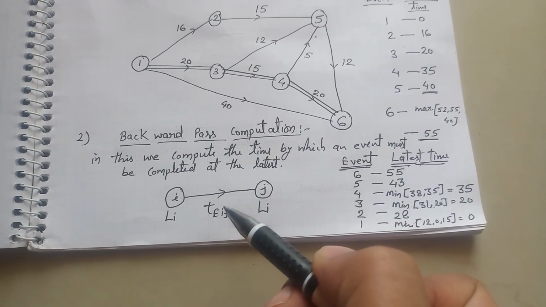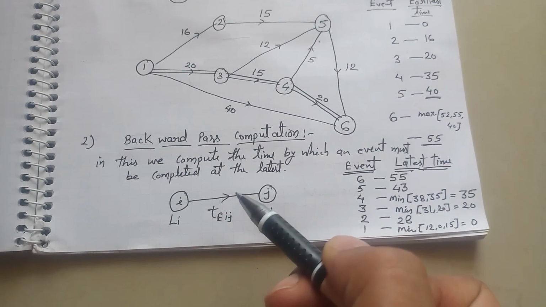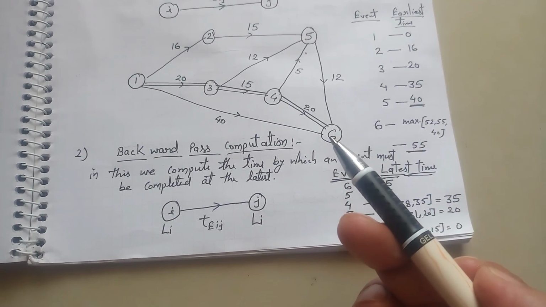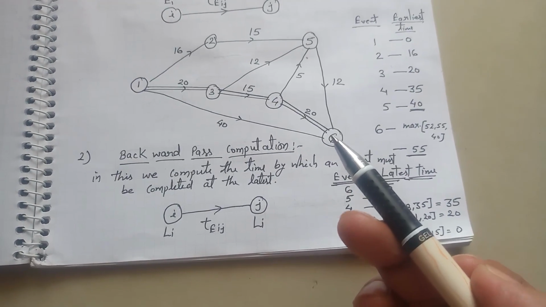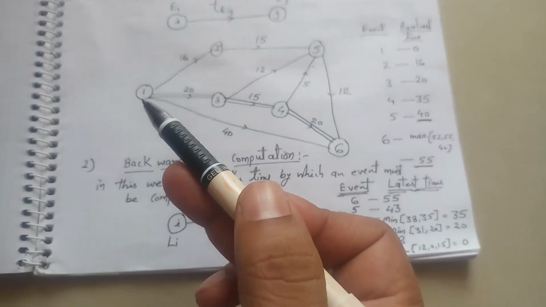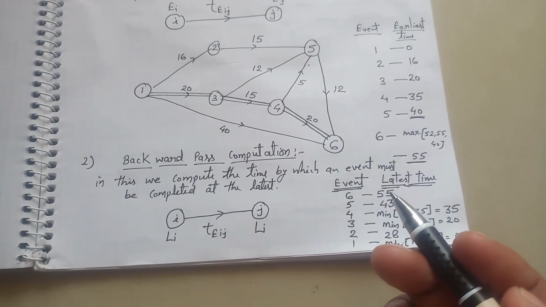TEij, as we know, represents the expected time for an activity. In backward pass computation we go from the last event to the first event. From 6 we take the maximum time, which is 55.